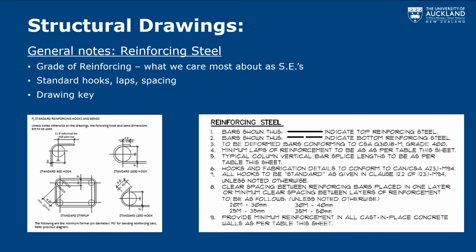Keeping on the concrete theme, we rarely ever have just a big chunk of concrete with no reinforcing steel in it, so we need to provide some overview and general information about what the reinforcing steel looks like. One of the things we care most about is what the grade is, and by grade of reinforcing steel or structural steel, what I'm referring to is its strength.